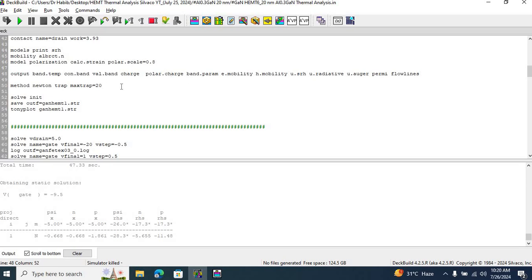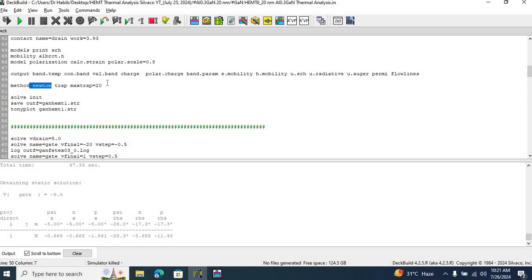The Gummel method is useful where we have linear convergence. Similarly, the Newton method is useful where we have quadratic convergence. The Newton method, however, spends extra time solving your results, so keep that in mind. And also the Newton method requires a more accurate initial guess.